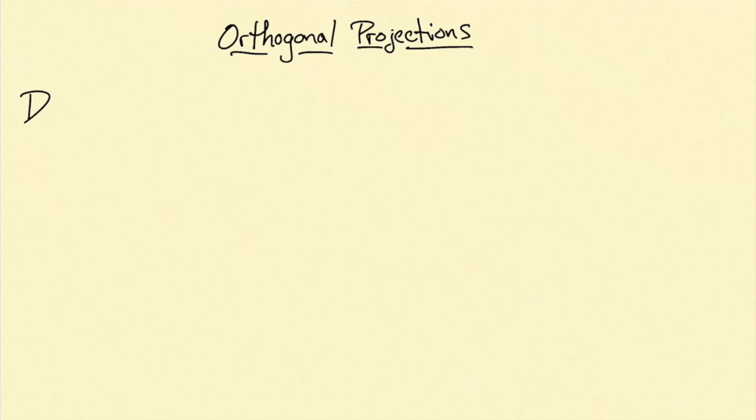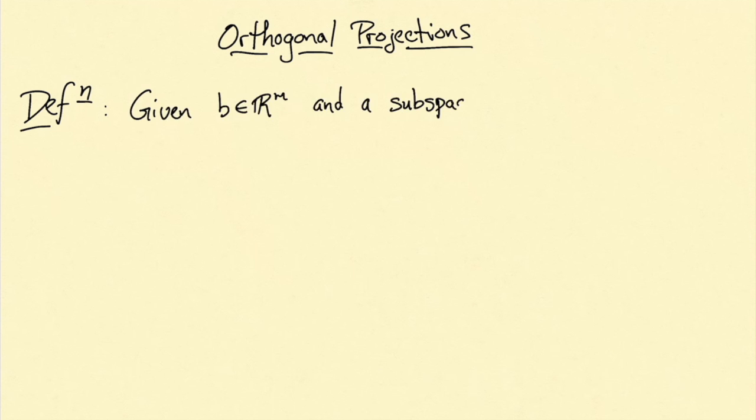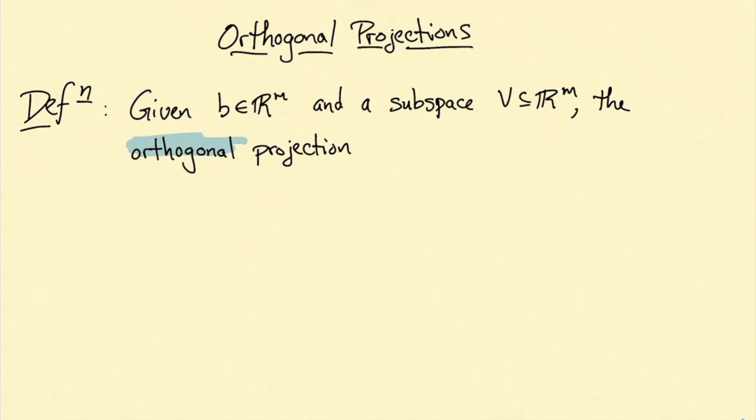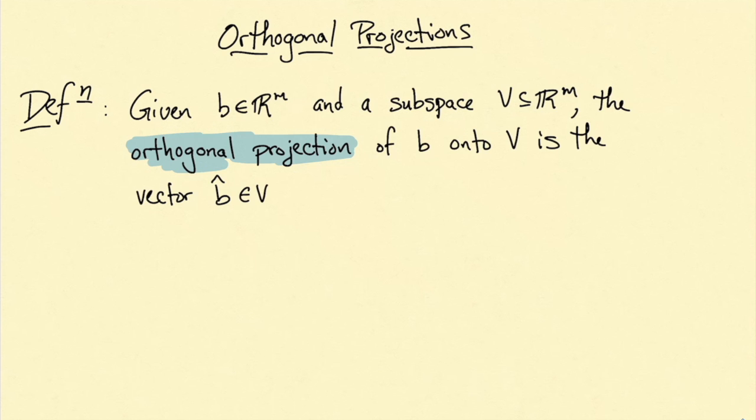We start off this video with a seemingly unmotivated definition. Given a vector b in R^m and a subspace V of R^m, we define the orthogonal projection of b onto V to be the vector b hat in V that is closest to b.